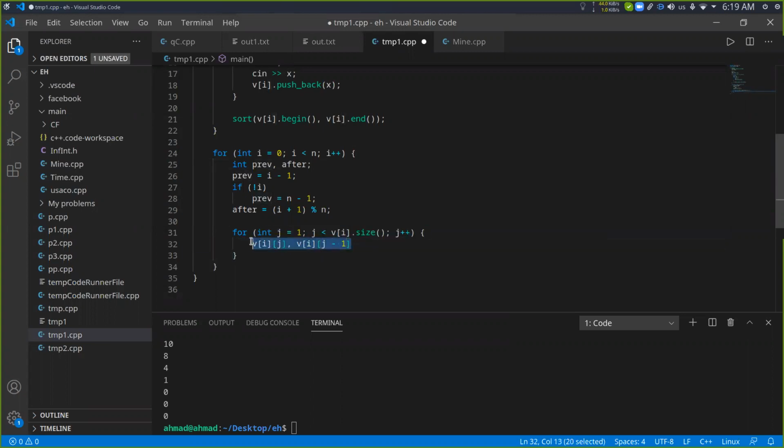Okay, let's define some variables here. Let's say int left equals the number of bridges at our left sector, and int right equals the number of bridges at our right sector.